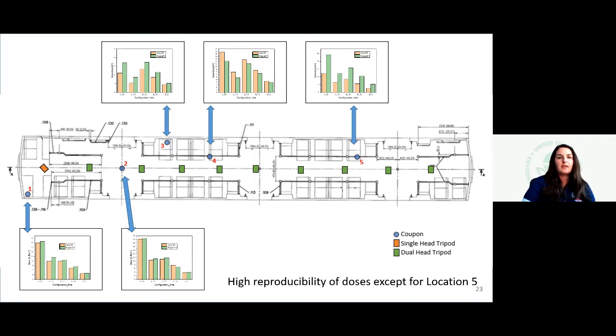It's a little hard to see, but each bar represents a different test where all the orange bars were collected on one day and all the green bars were collected on the next. And it's not important to see the details here, but generally speaking, something that was reassuring from this is that the dose at each of these locations for each of the test configurations was generally about the same from each set of experiments, so day-to-day repeatability. Next slide.